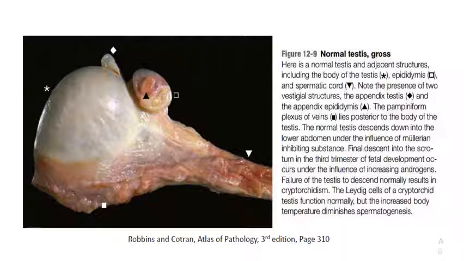In the spermatic cord we have pampiniform plexus of veins along with epididymis. In this epididymis also there is a vestigial part called the appendix of epididymis. So this is the gross view of the testis.